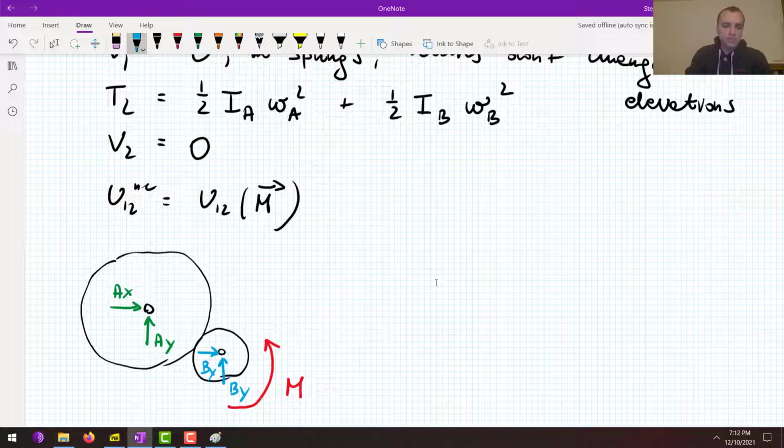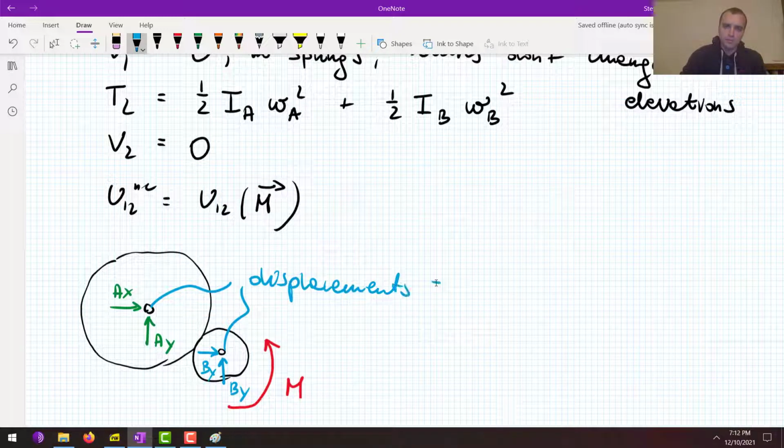However, what are the displacements of these points? Yes, the displacements are 0 vectors, right? So that's why the work of force A and the work of force B will be 0.